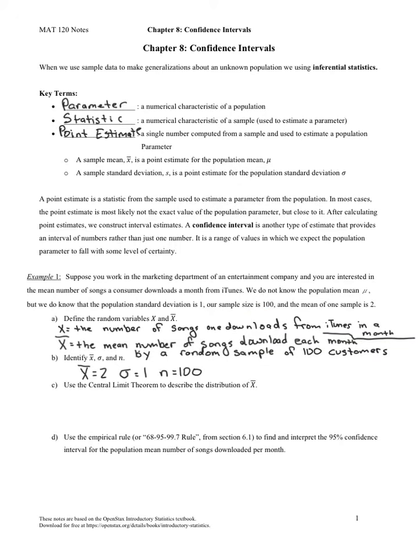So in this case, we are going to have a normal distribution with our mean, with our standard deviation divided by the square root of our sample size.